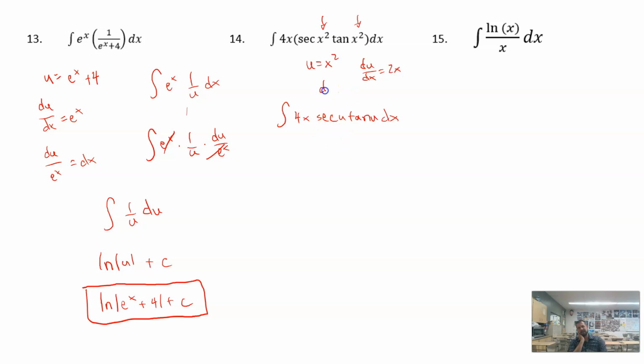With a little bit of manipulation, I get that dx is equal to du over 2x. So I plug that in. I get 4x times secant u tangent u. Then instead of dx, I've got du over 2x. From there, the x's cancel, and 4 divided by 2 is 2, so I have the integral of 2 secant u tangent u du.